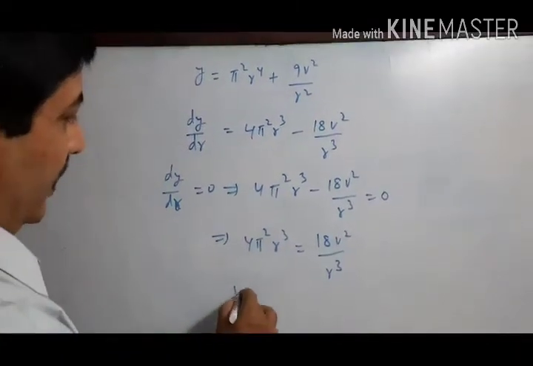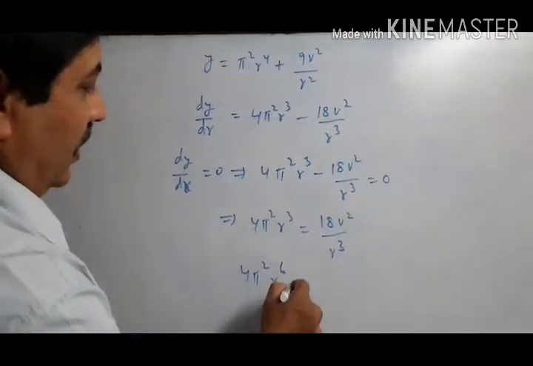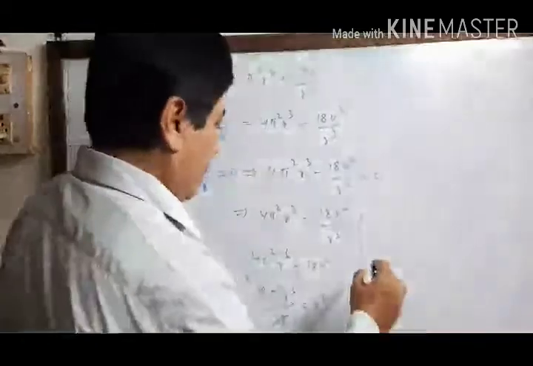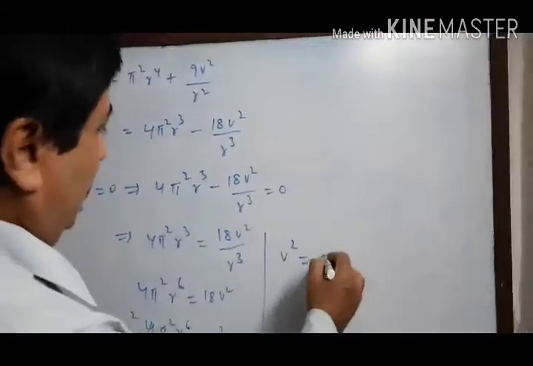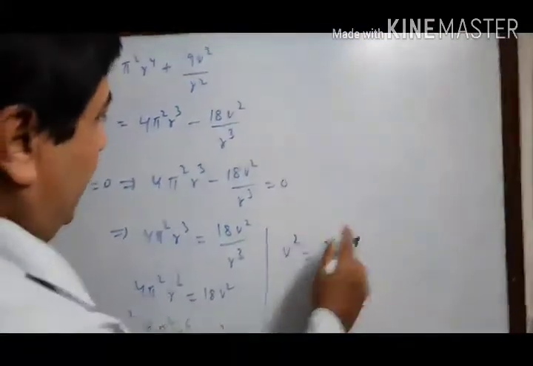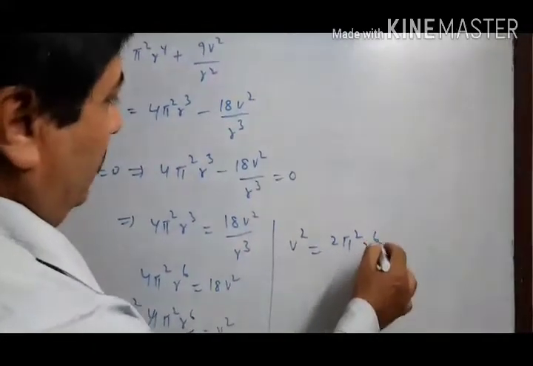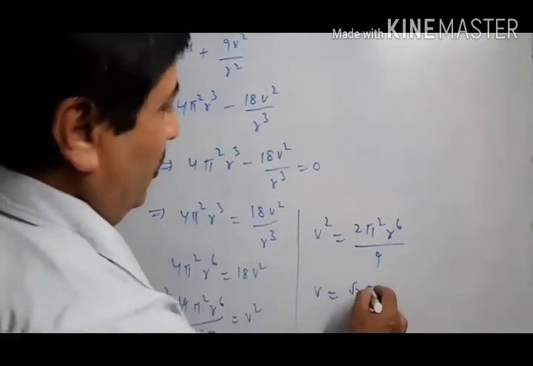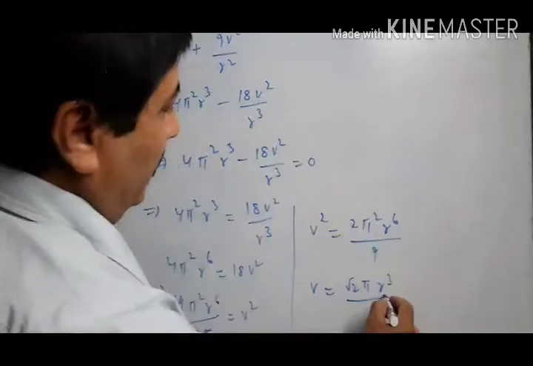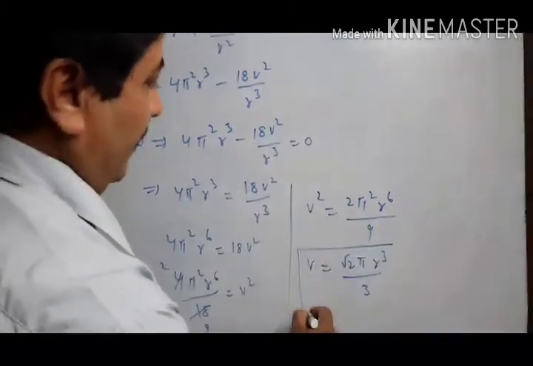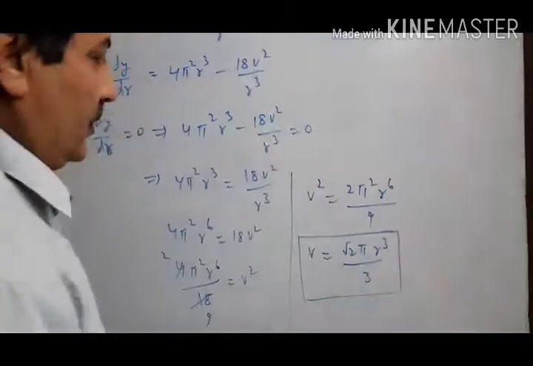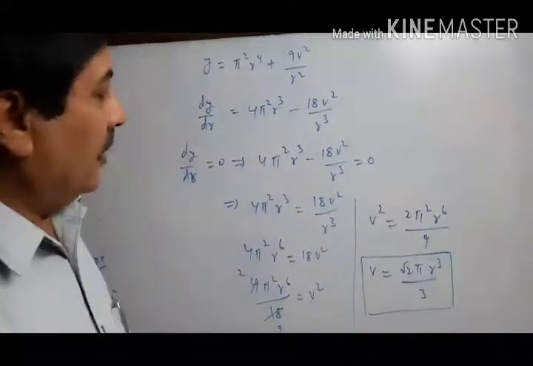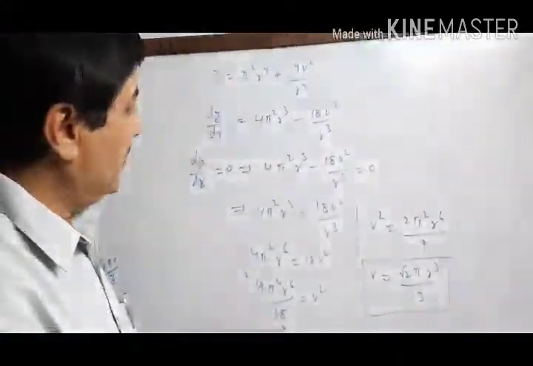Cross multiplication: 4 pi square r raised to 6 equals 18V square, therefore V square equals 2 pi square r raised to 6 by 9, or V will become root 2 pi r cube by 3. This is the value of V, which will be used to put in equation 1 to prove, and also to check whether the CSA goes minimum, least, or not.